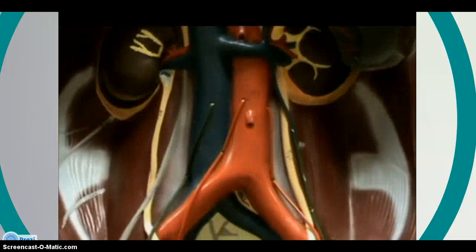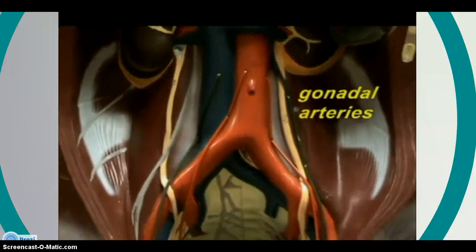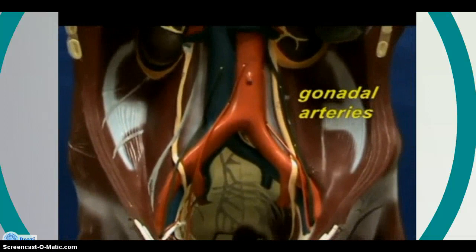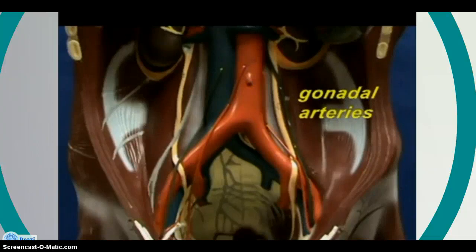If we follow the path of these two arteries, you can see that they descend from their branching point right over here on the abdominal aorta, and they go down into the pelvis.